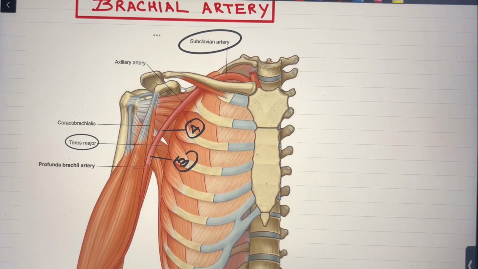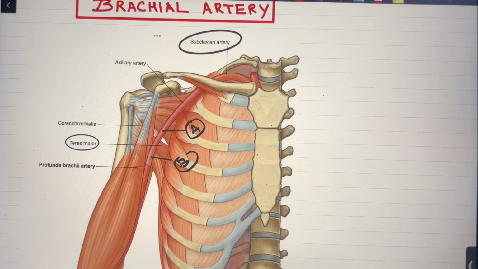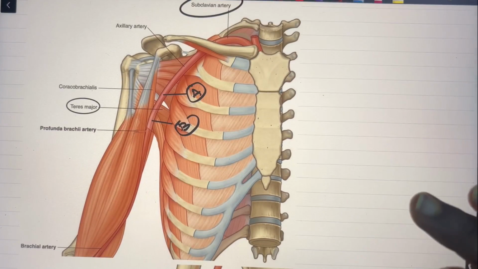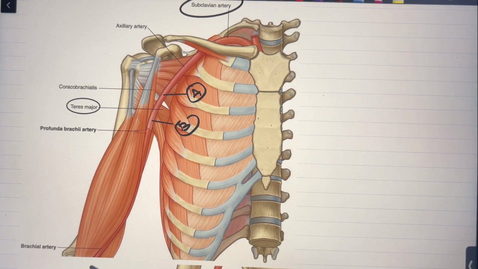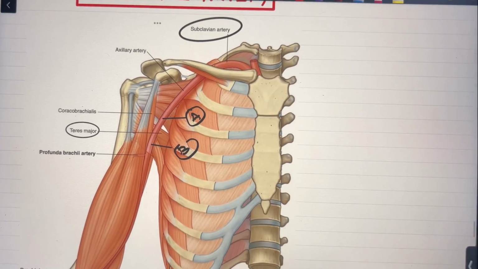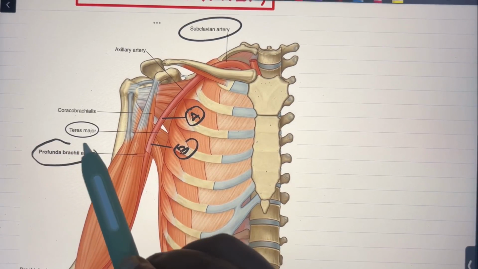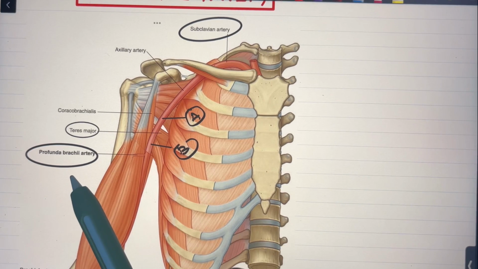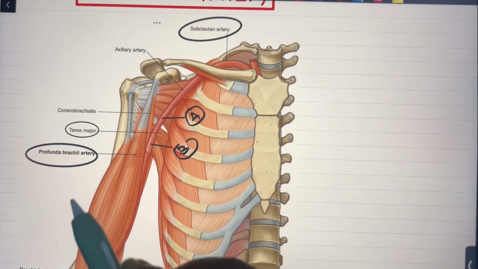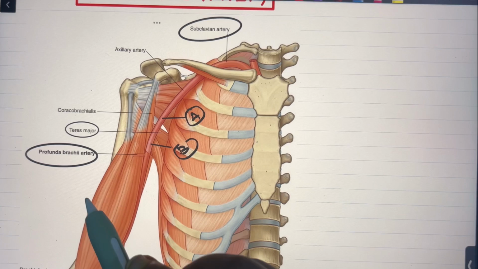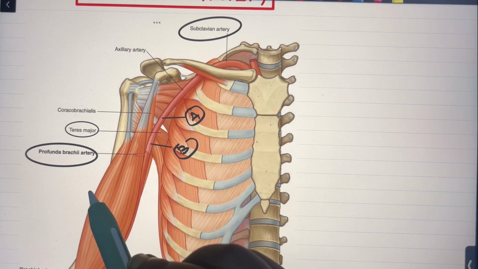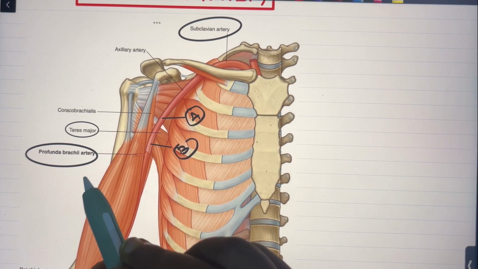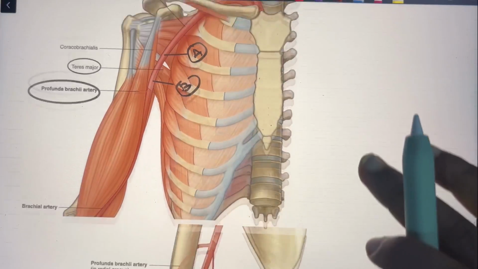The brachial artery terminates distally at the elbow joint and divides into the radial and ulnar arteries. And there is the profunda brachii, the largest branch of the brachial artery, which supplies the posterior compartment of the arm and anastomoses with the posterior circumflex humeral artery.